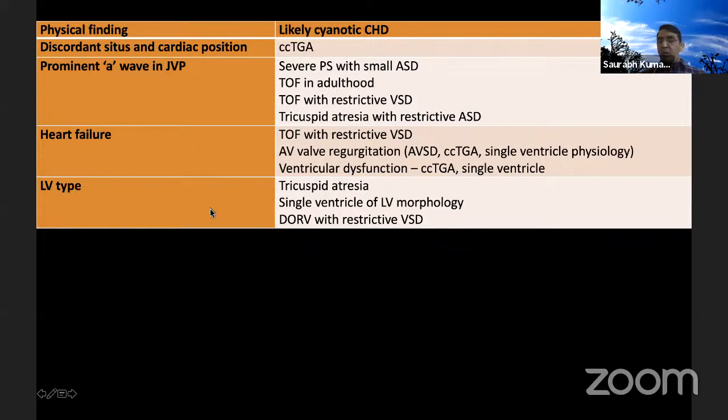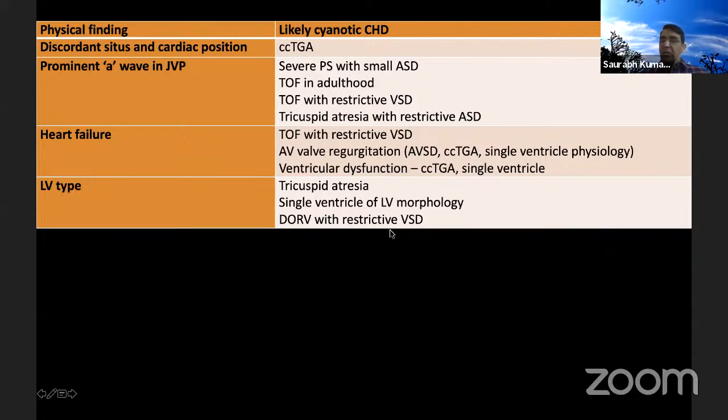Now, we all are aware that most of the congenital heart diseases which cause cyanosis have RV as the dominant ventricle, and therefore if you find a left ventricular type of apex, then there are limited conditions which should be thought of, like tricuspid atresia, single ventricle of LV morphology, and DORV with restrictive VSD.